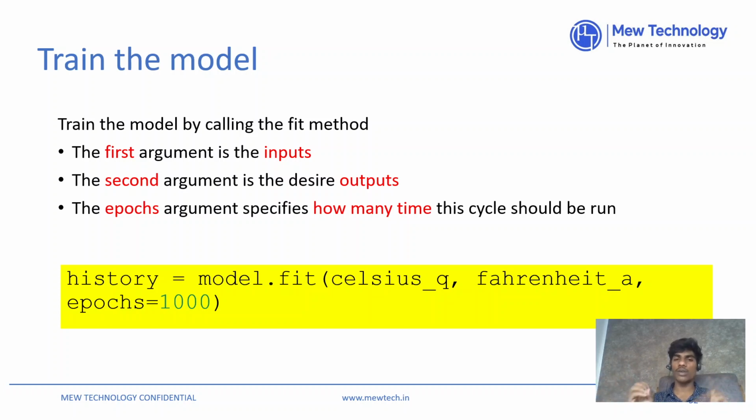By the thousandth time my model has learned very well. In deep learning, everything is trial and error. In this problem, I tried a thousand times and the model learned very clearly. This is the epochs.